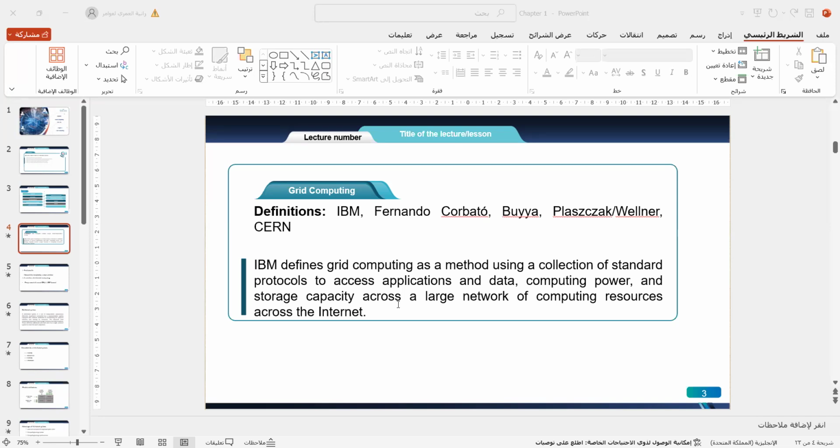Third, scheduler or scheduling. Fourth, data management. And fifth, workload and resource management. Let's explain the first component, which is the user interface.